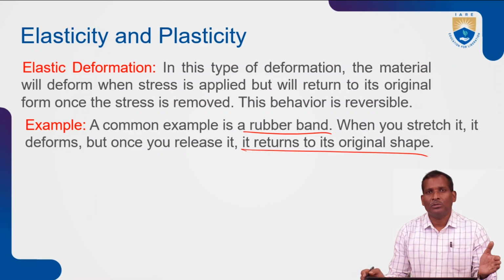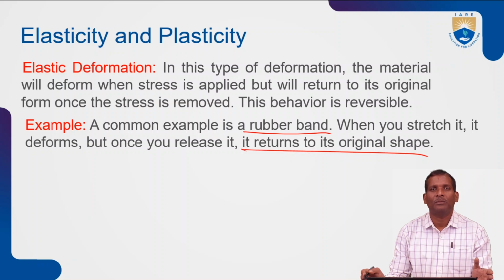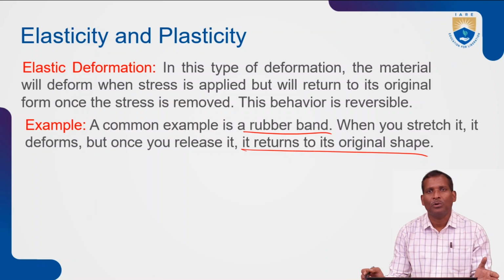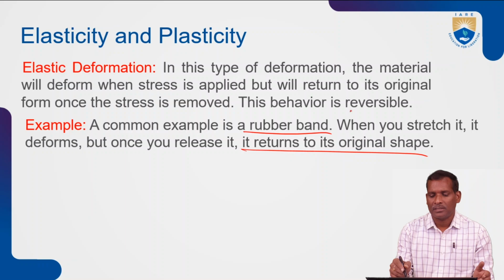According to the elasticity property, in this type of deformation the material will deform when stress is applied, but will return to its original form once the stress is removed. This behavior is reversible.